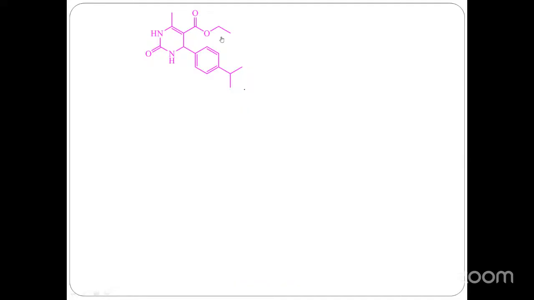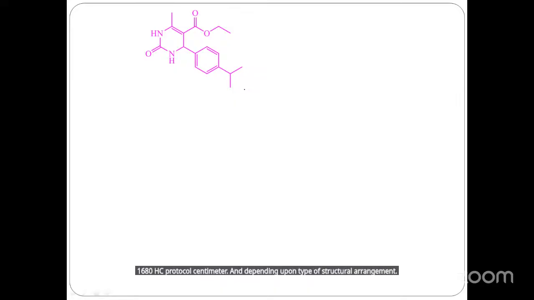So let me tell you that the carbonyl group of an ester has a frequency close to 1740 reciprocal centimeter. Correct? And the amide has a frequency close to 1680 reciprocal centimeter. Depending upon the type of structural arrangement present in the compound, these frequencies vary.